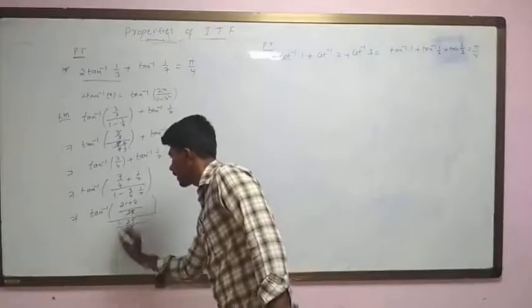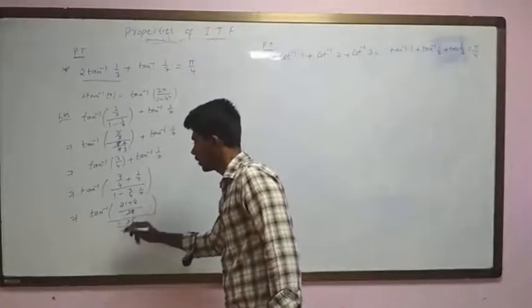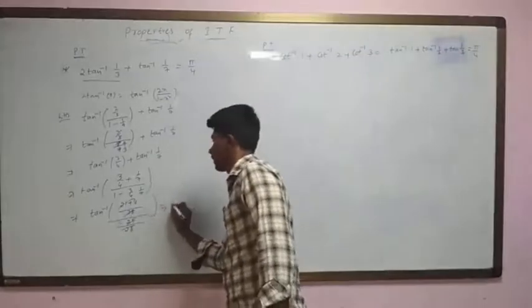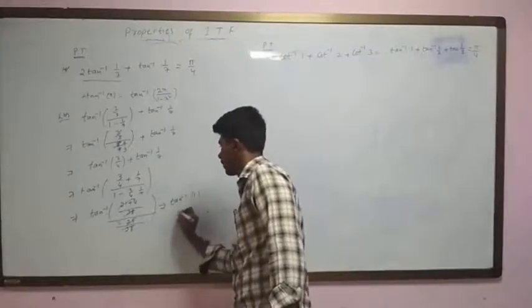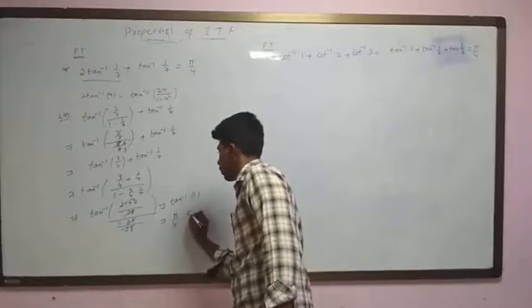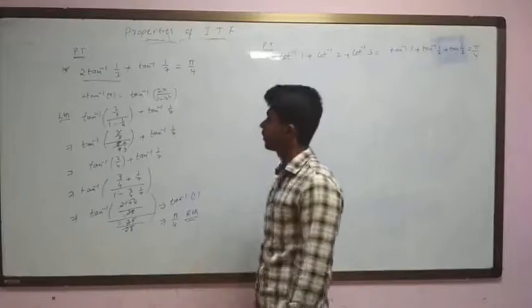So 28 cancels, 21 plus 4 is 25, 25 cancels. What do I get? I'll get tan inverse of 1. We know that tan inverse of 1 is pi by 4, which is RHS.